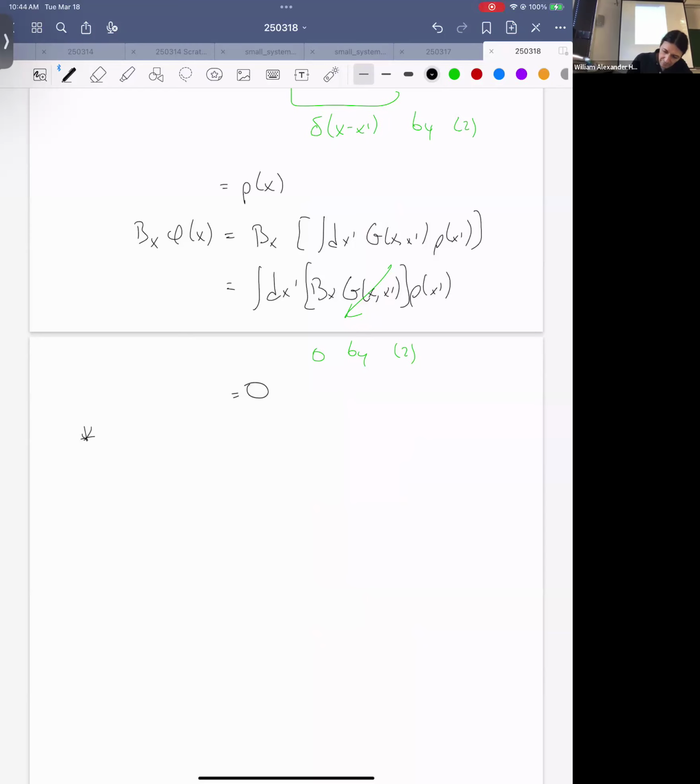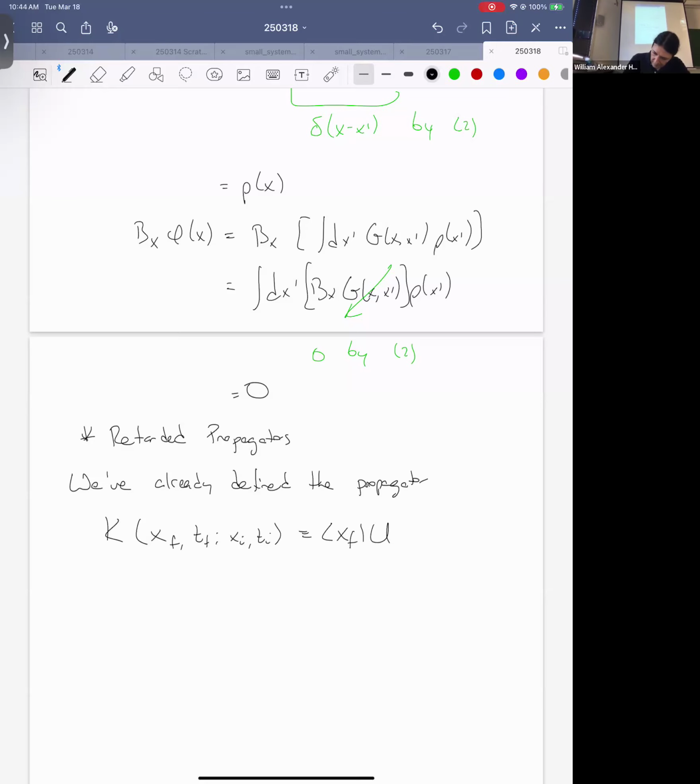So let's talk about retarded propagators. We defined the propagator K, say, x final, t final, x initial, t initial, to be the matrix element of the time evolution operator.